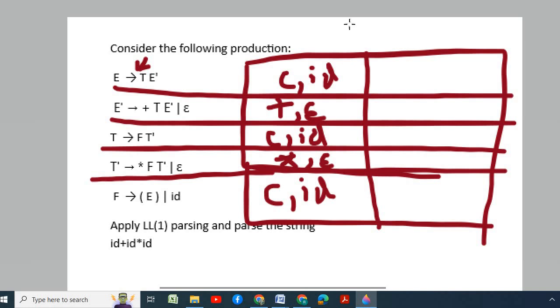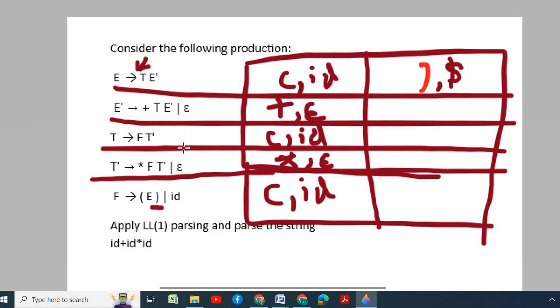Now we have to find the follow. As E is the starting symbol, the follow of E will contain dollar, followed by close parenthesis. So the follow of E is close parenthesis and dollar.